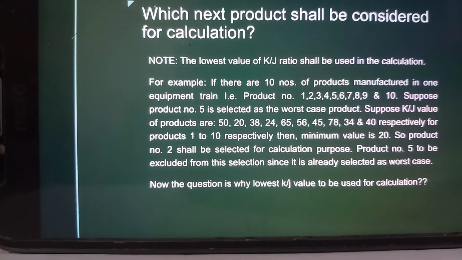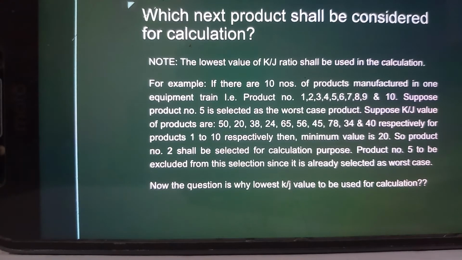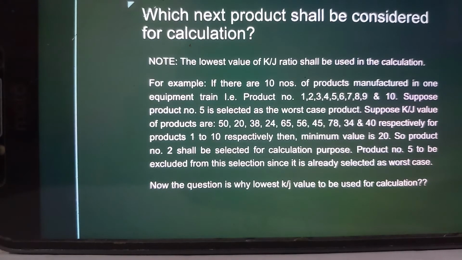So one example is given: if there are 10 products manufactured in one equipment train, and suppose product number 5 is selected as worst case, and there are given some k by j ratios of product 1 to 10 respectively, and out of that the minimum k by j ratio comes as 20. That is the respective product of 2. So product number 2 shall be selected for the calculation purpose.